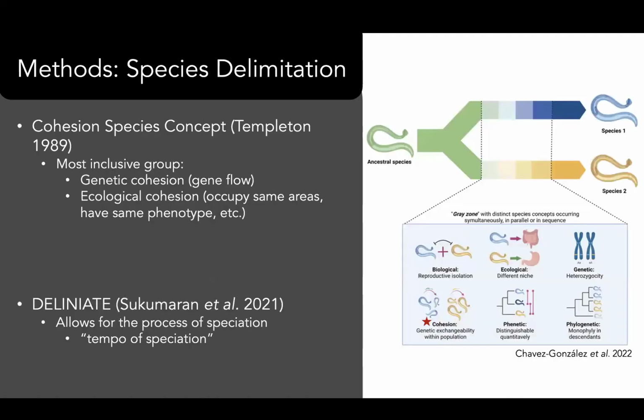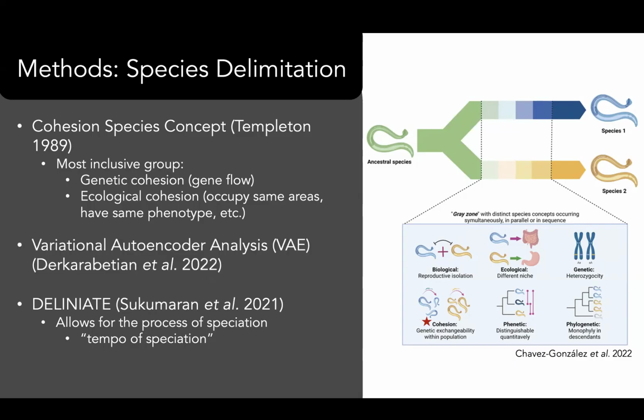So for our methods, we did have from previous population genetic studies some distinct populations that could have potentially been new species. And so we selected a cohesion species concept, which says that a species is the most inclusive group that has genetic cohesion, so gene flow, or ecological cohesion, aka they occupy the same areas, have the same phenotype, niche, etc. To evaluate the populations that we wanted to investigate, we used a variational autoencoder analysis, or VAE, which is just a population genetic structuring analysis.